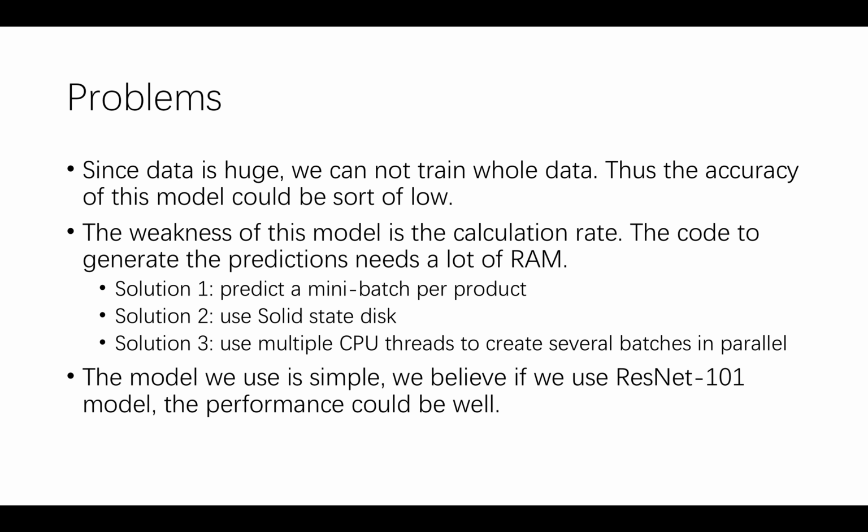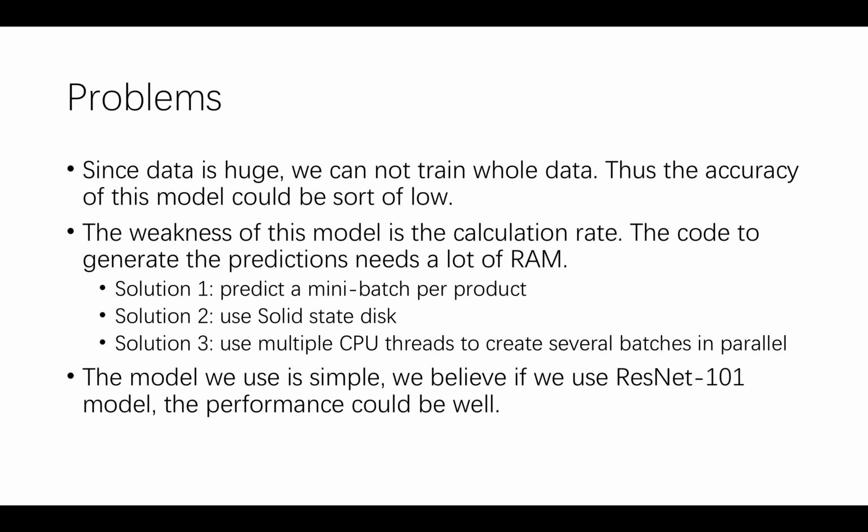We think the problems of our model are, first, that the data is huge, so we cannot train on the whole data. We just train on the example data, and thus the accuracy of our model is rather low. Another weakness of this model is the calculation rate.